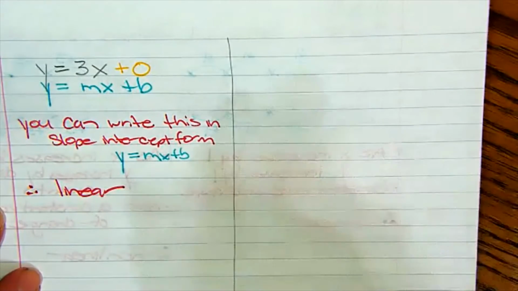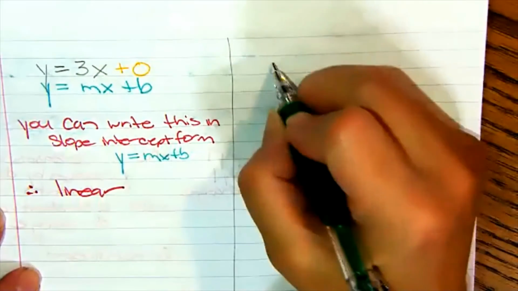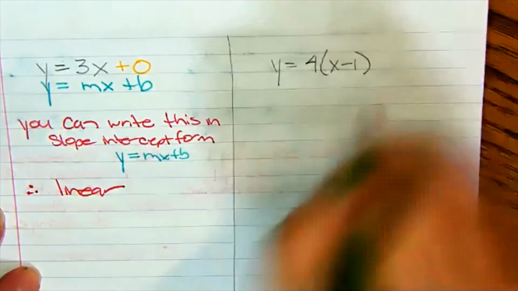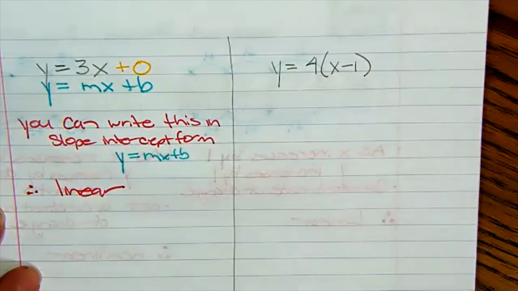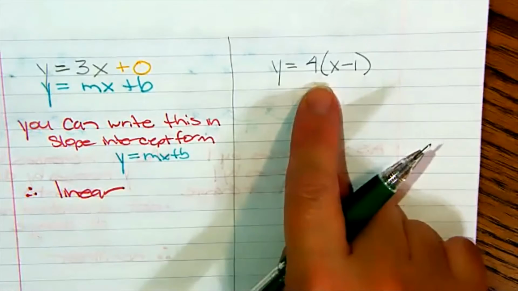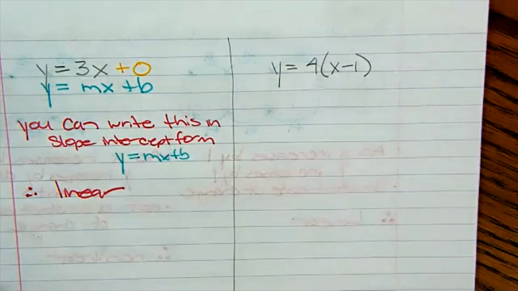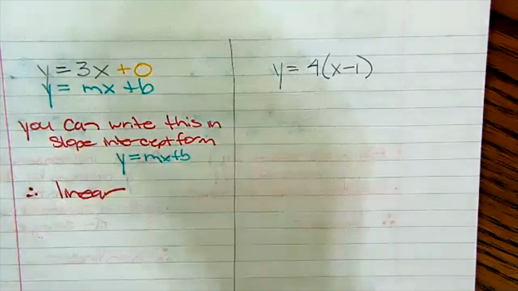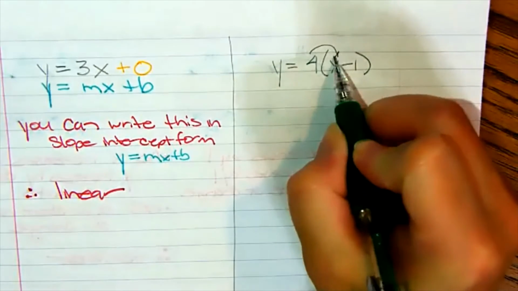Okay, well, that's dandy. What about this one? Y equals 4 times x minus 1. Can this be written in slope-intercept form? I don't know. We're going to have to rework it a little and see what happens. So how about if we multiply this out?